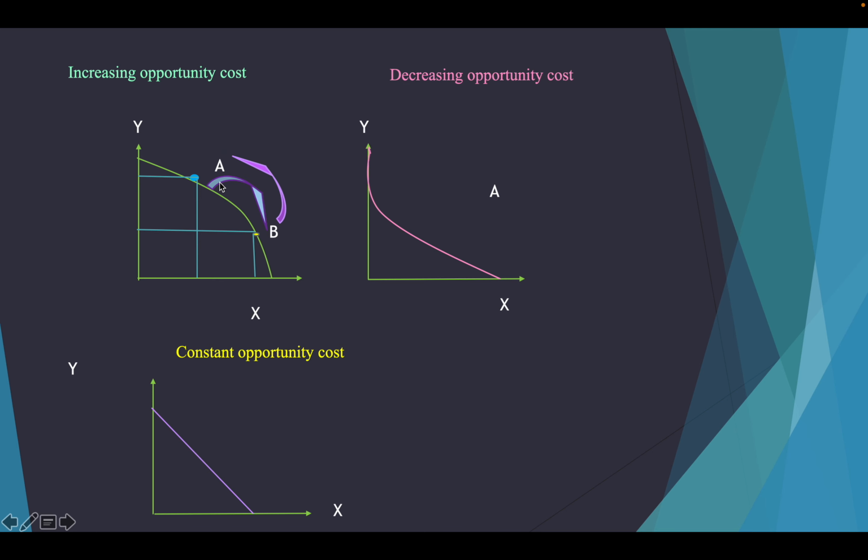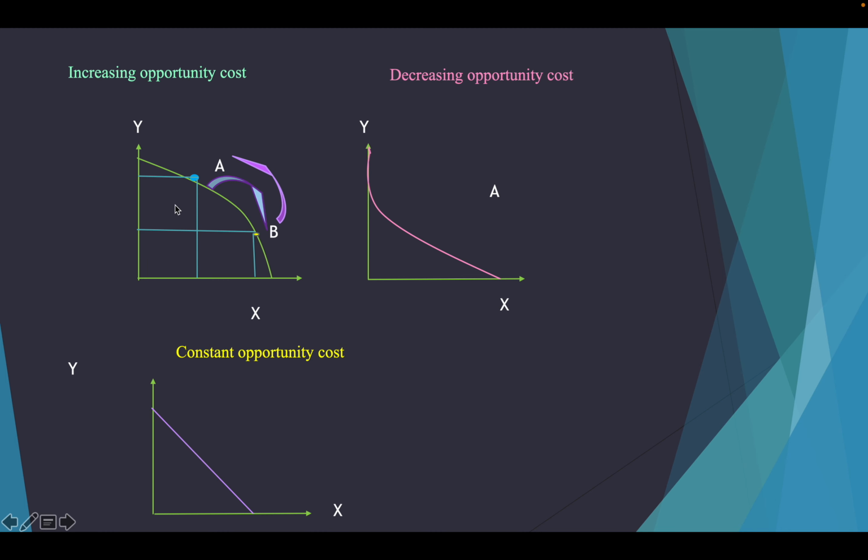When you move from A to B, you can see the x good is increasing and the y good is decreasing. Okay, that is the way of opportunity cost. And from point B to A, it is also the opportunity cost increasing. That is why I show it with the arrows.